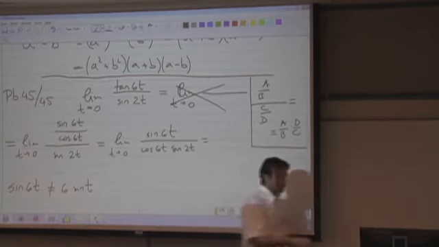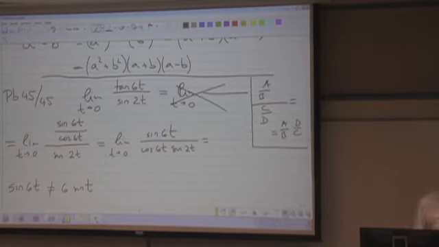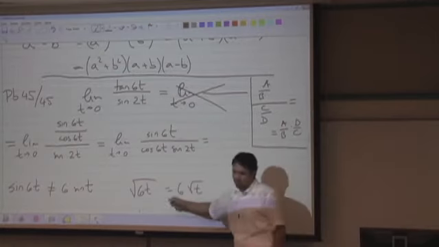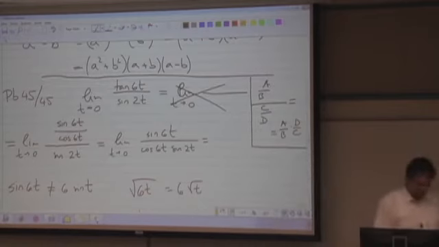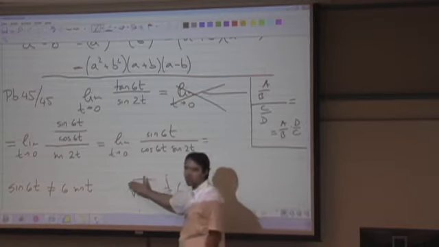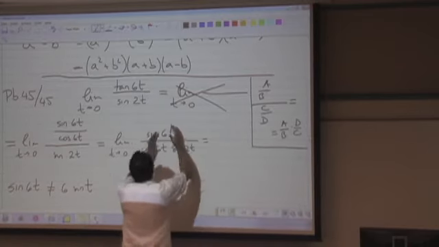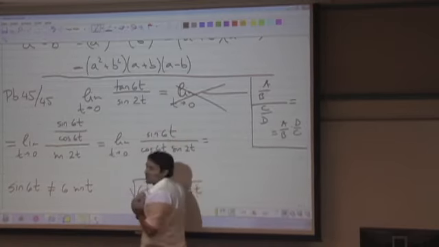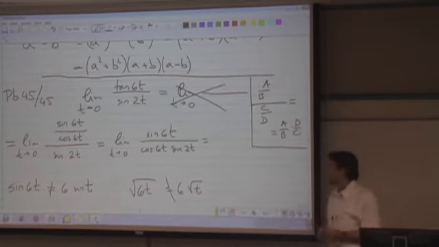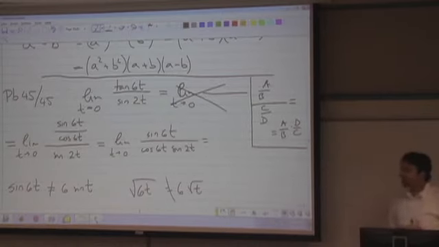On the same token, and I'm hoping everybody knows this, the square root of 6t is not 6 times the square root of t, right? And so, if this doesn't work, then neither should the other one work. Does that make sense? Sine is an actual function. It's like the square root, which is also a function. So whatever you have past sine is the argument of the function, and you cannot do anything to it unless you actually apply some double angle formulas or some other trigonometric tricks you can use.